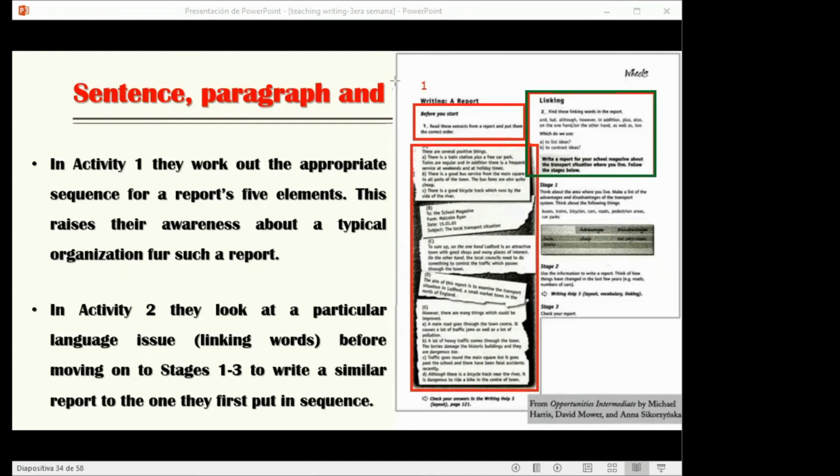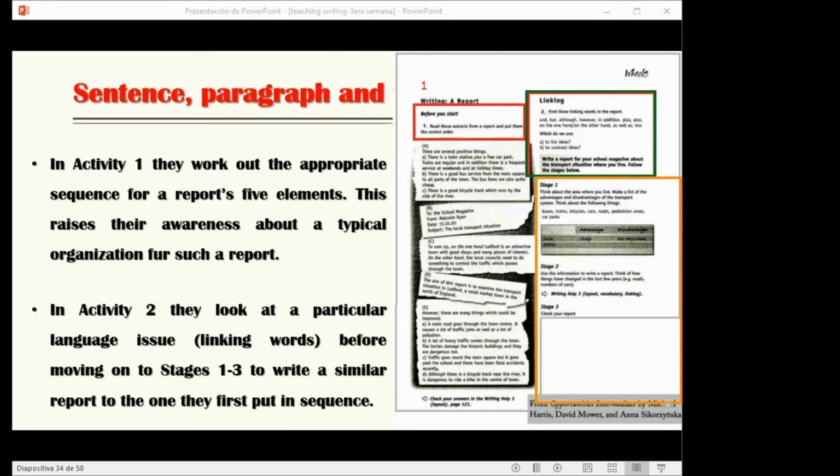So then you have, oh, Edson? Okay, so here you have stages 1 to 3, notice. Stage 1, think about the area where you live, make a list of the advantages and disadvantages of the transport system.